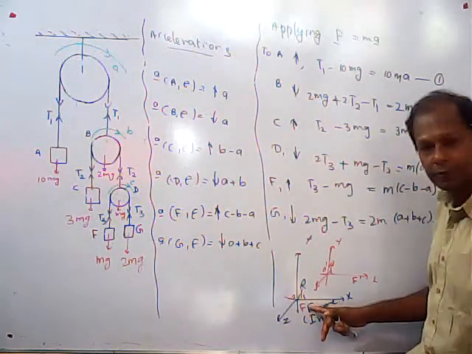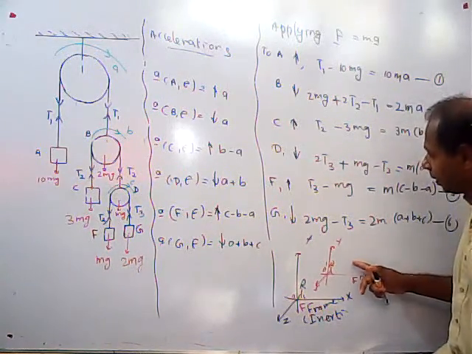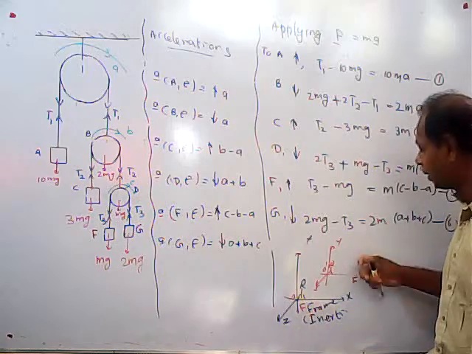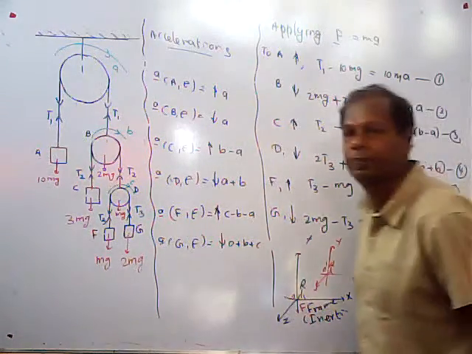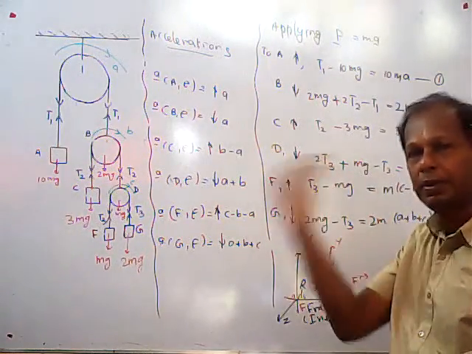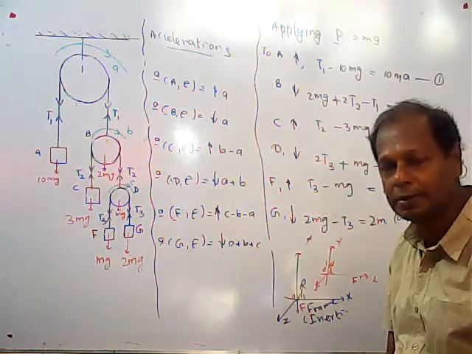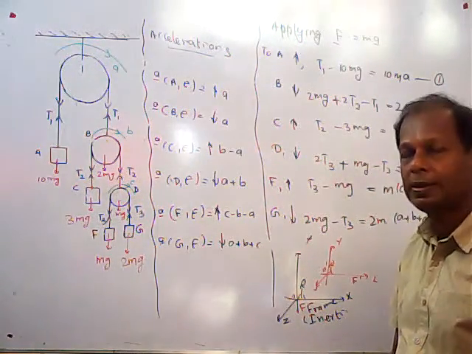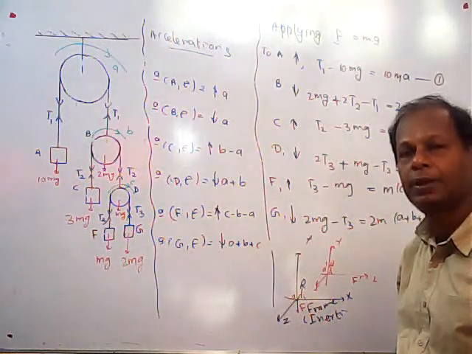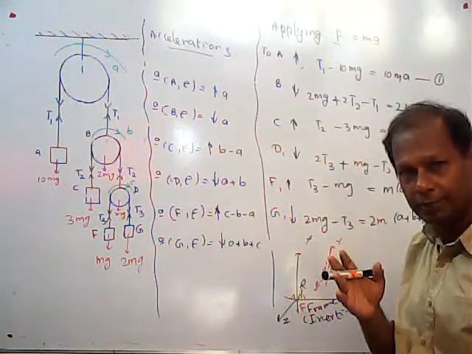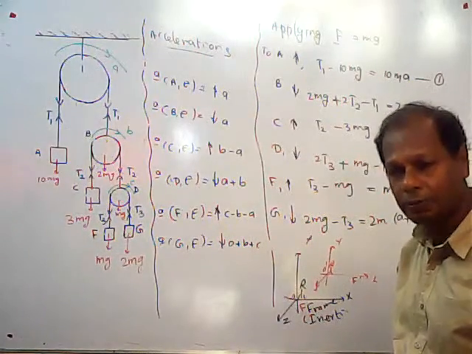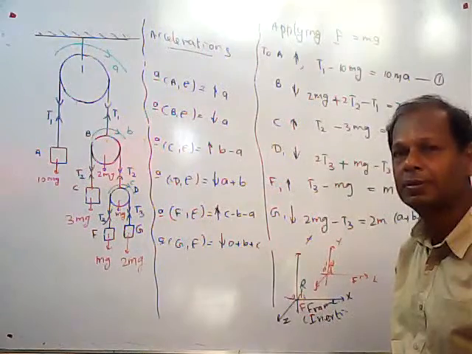If F is an inertial frame, and if F dash moves at a uniform velocity relative to F, then you can consider F dash also an inertial frame. Any frame moving at a uniform velocity relative to an inertial frame is also an inertial frame. In that sense, we take the Earth frame as an inertial frame. So a car moving on the ground at a uniform velocity, for the moment, is an inertial frame.